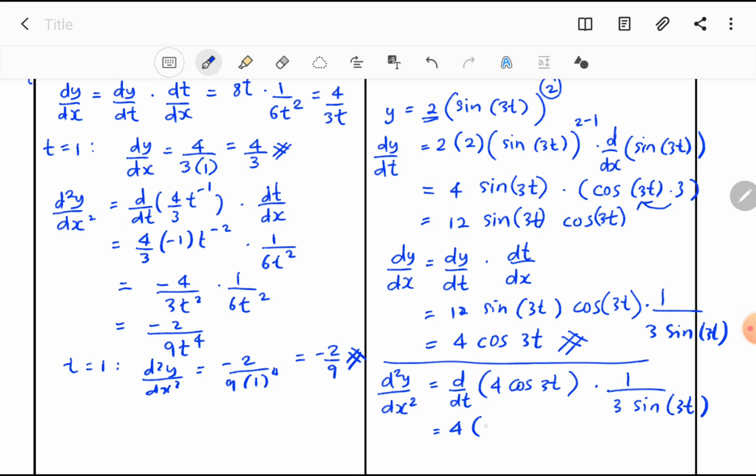Differentiate cos is negative sine. The angle is 3t and times 3 from the angle, times 1 over negative 3 sine 3t. And the final answer will be negative 4 only.